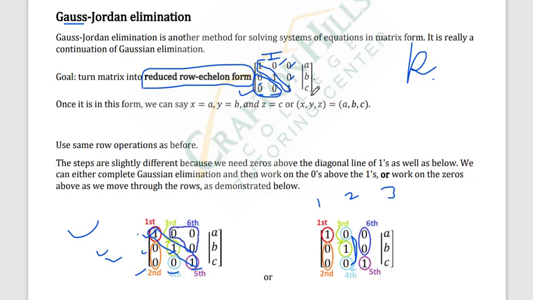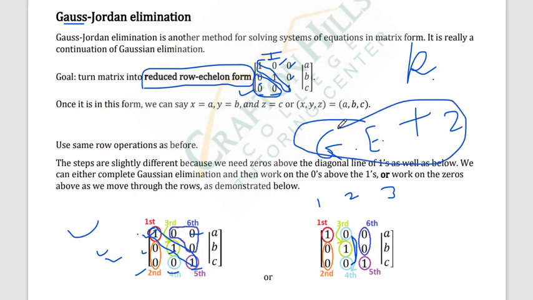So Gauss-Jordan is Gaussian elimination plus two or three steps like this, the fourth, fifth and sixth steps. So both are not different at all, Gauss-Jordan and Gaussian elimination.